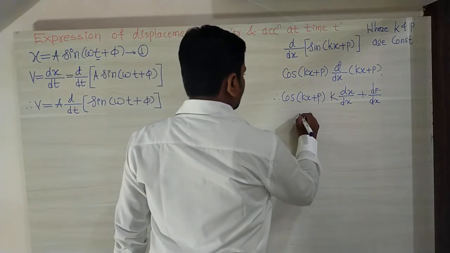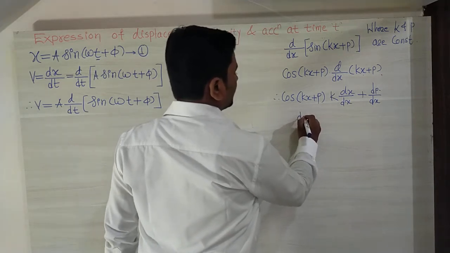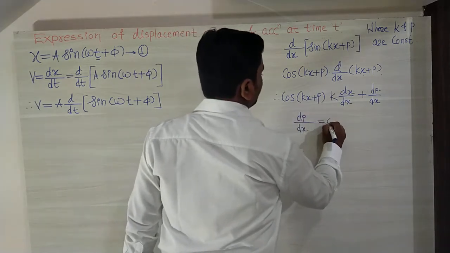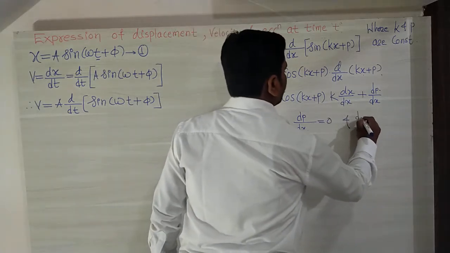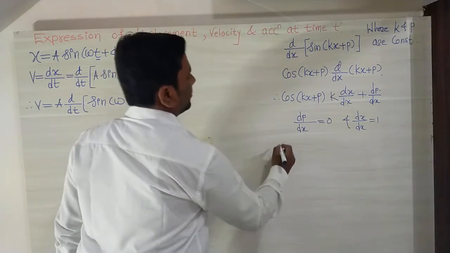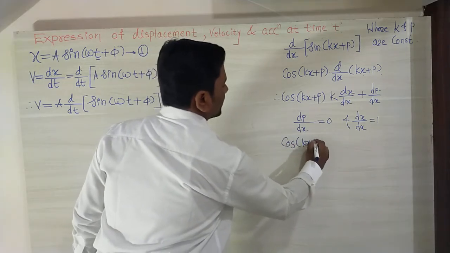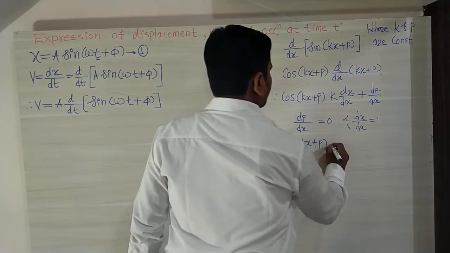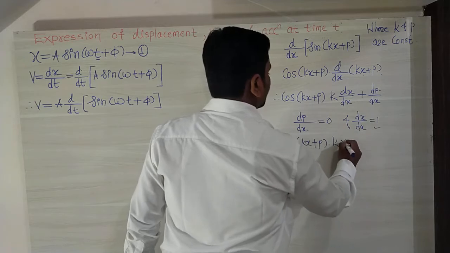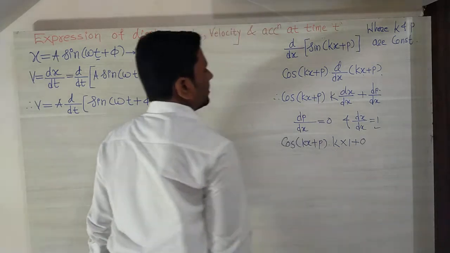So we know that the derivative of a constant is 0. So d by dx of p is equal to 0 and d by dx of x is equal to 1. By putting this value in the above equation, we get cos of kx plus p into k into 1, plus d by dx of p, which is constant so the derivative is 0.